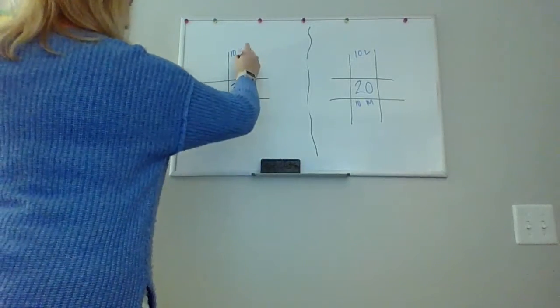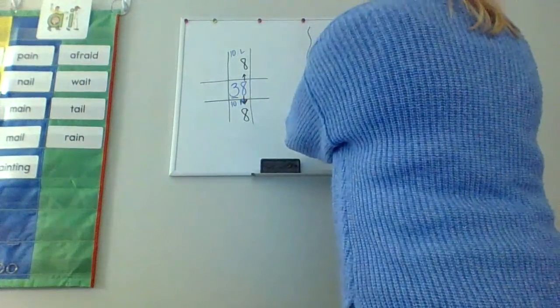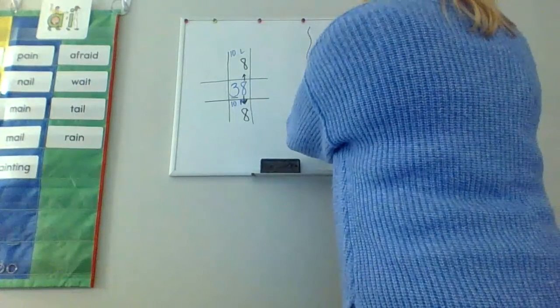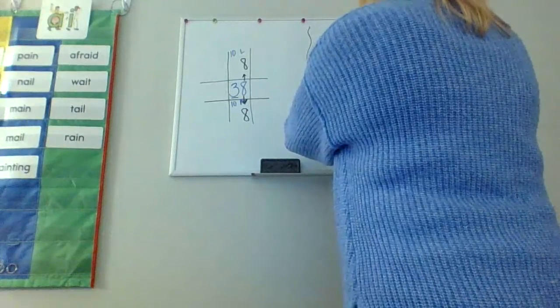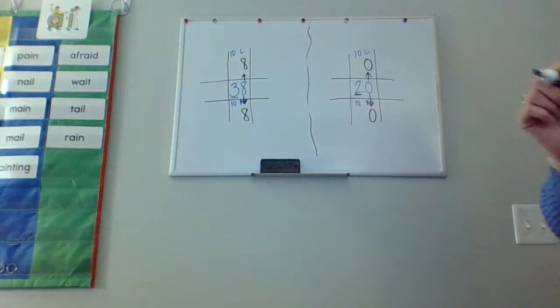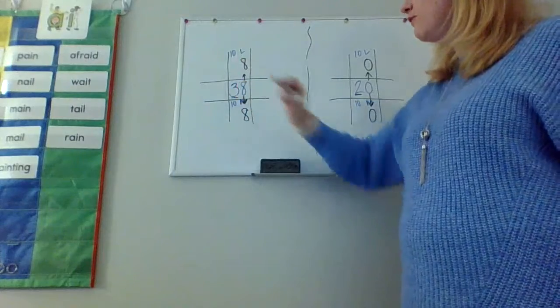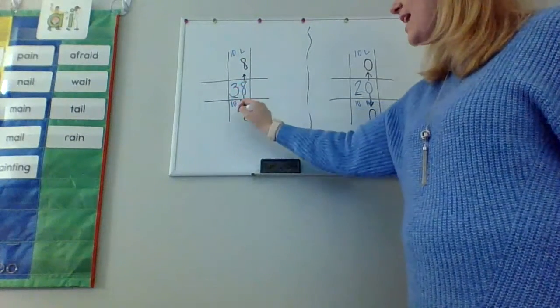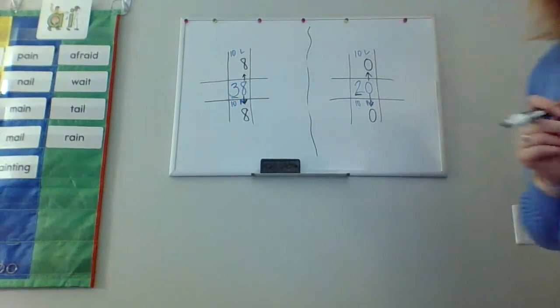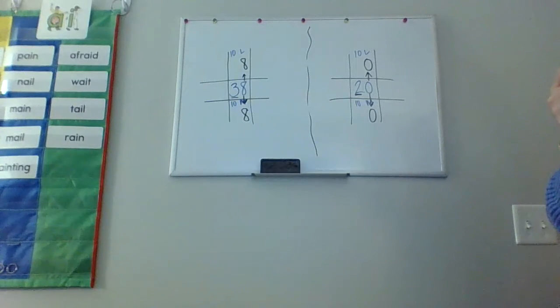So you know that number is going to stay the same. Same thing here. The tens place is going to change. The ones place is going to stay the same. So it's only the tens place that you are changing. You're taking away 10 from 30 and you're adding 10 to 30. That's another way to think about it.